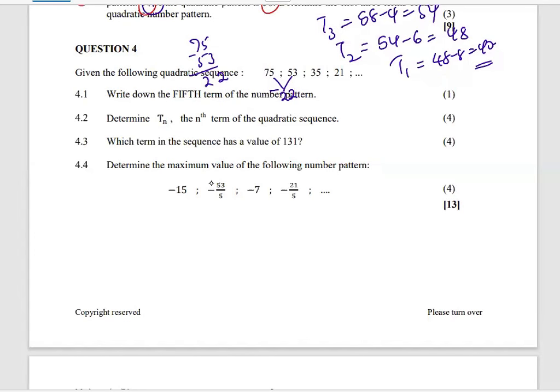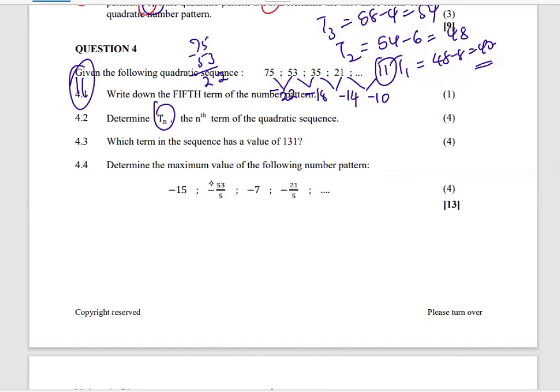And then they're subtracting 18. And then after they're subtracting 14. And then after, they should subtract 10, meaning that 21 minus 10 gives us 11. 1, 2, 3, 4, 5. So T5 is going to be number 11.